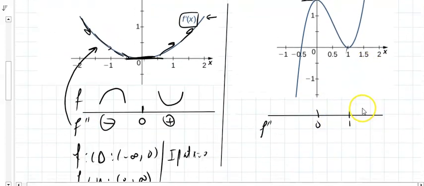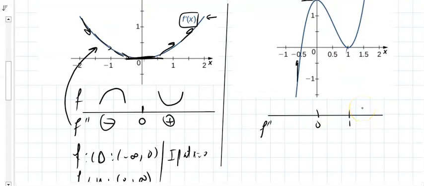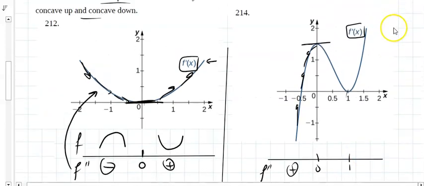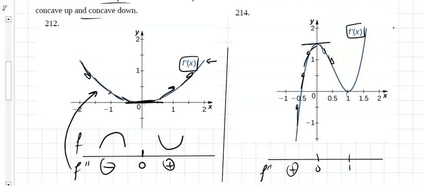If I look at this graph, to the left of this, isn't the slope of the tangent, the rate of change of that, negative, positive? And if you move between 0 and 1, isn't the slope of that tangent line, which is the second derivative, negative? And to the right of that, isn't that positive?